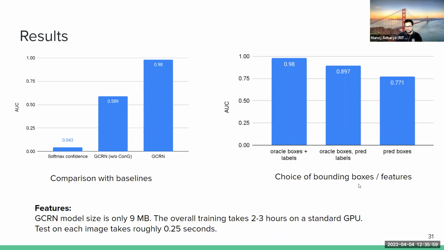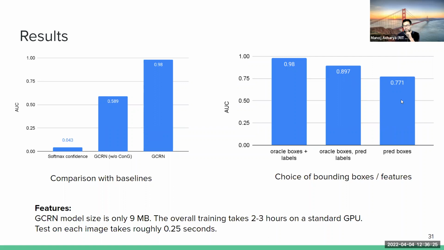We also have other studies showing the importance of having different kinds of bounding boxes and different levels of accuracy associated with those bounding boxes. If you use Oracle boxes and labels, the performance is really high. If you use Oracle boxes but predict the labels from our representation learner, then the accuracy goes a little bit below.